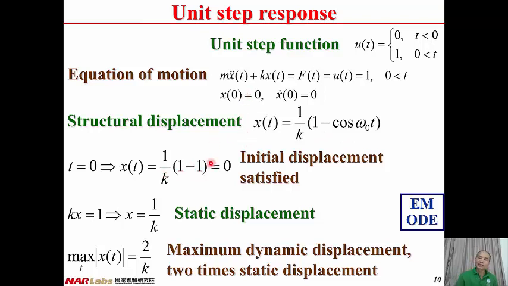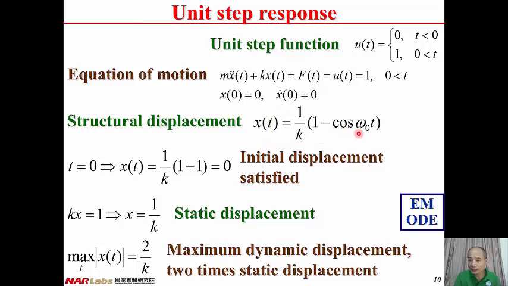If the force is applied very, very slowly to the structure, then the acceleration becomes 0. Then we have kx equal to 1, and we can solve for x equal to 1 divided by k. Because the force is applied very slowly, this displacement is called the static displacement. And then we consider the displacement function again.